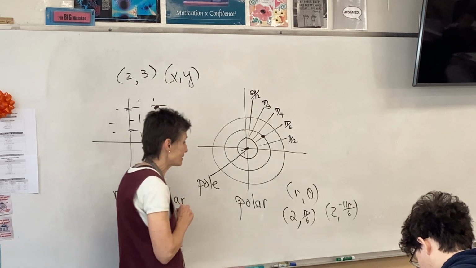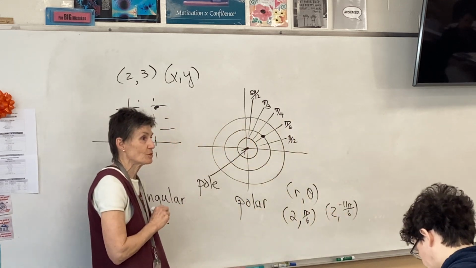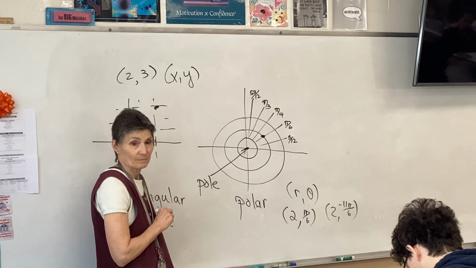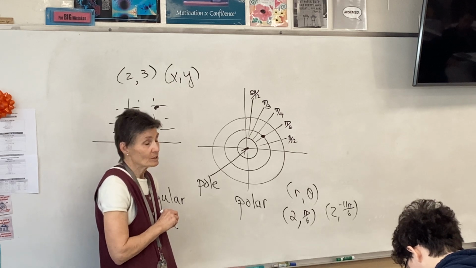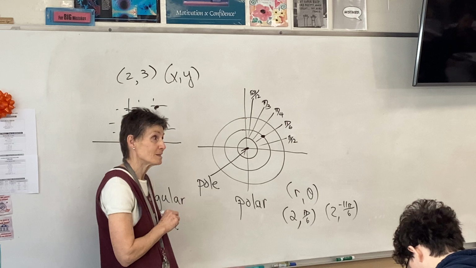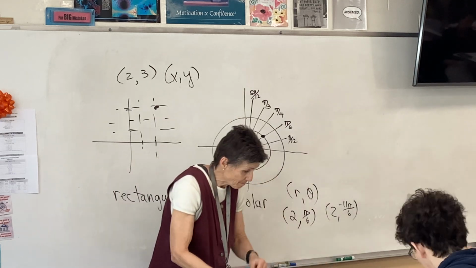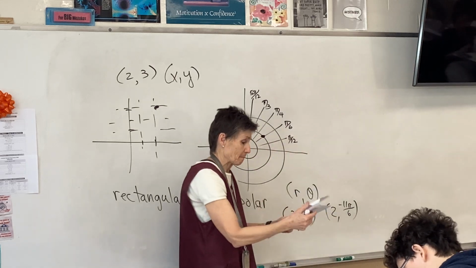And in fact, would there be other ways I could name that point besides those 2? Yeah, how about 13 pi over 6? Yeah, there's infinitely many. You can also change the sign on R. R can be negative, believe it or not. We'll talk about that in a minute. With all that in mind, let's look at example 1.